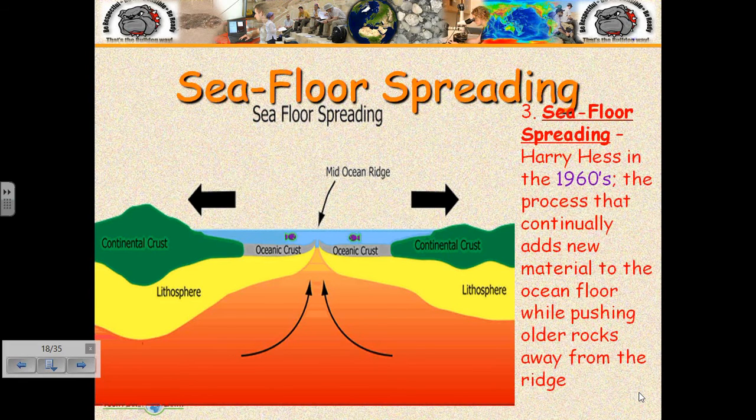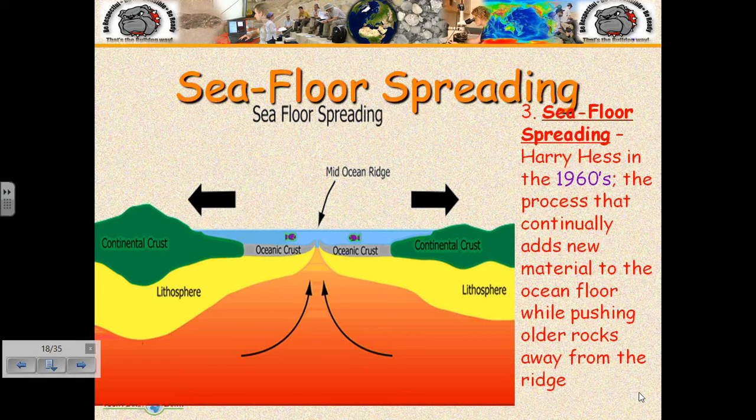Now, speaking of spreading ridges, there was a popular finding by a guy by the name of Harry Hess, and he discovered in 1960 that there was seafloor spreading occurring on our ocean's bottom.